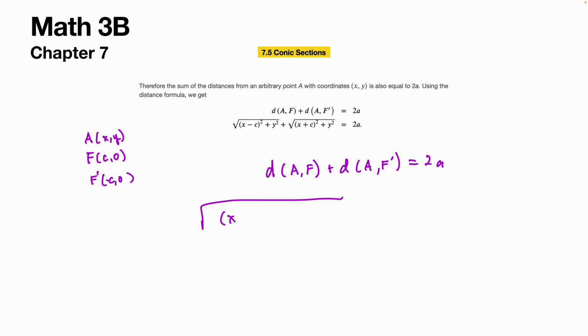Okay, x minus c quantity squared, and then plus y minus 0 or y squared. Add to that the distance between A and F prime. X minus negative c is x plus c. And again, y minus 0 is y squared.